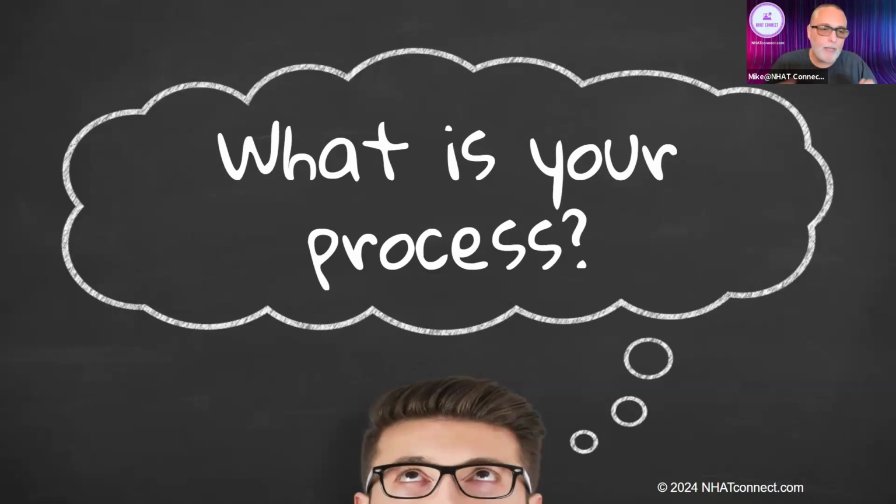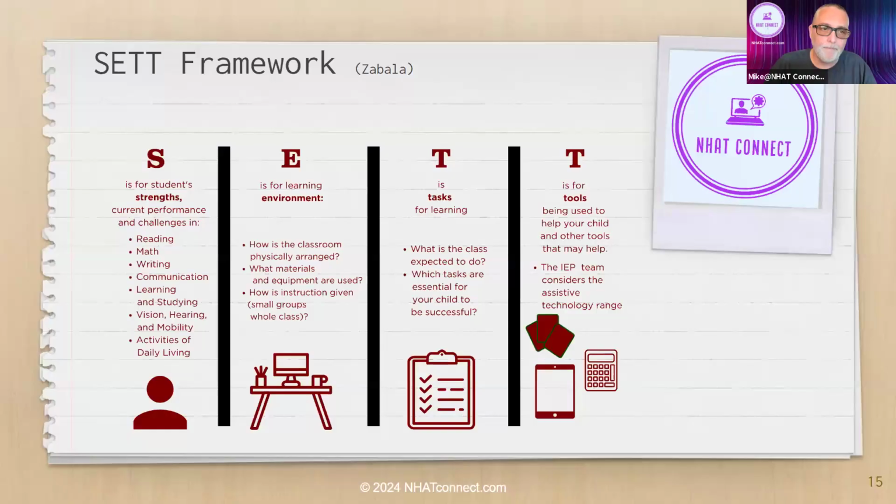You could pick up an IEP. I've picked up many in my life where the box is there, the box is checked, and yet I have no sense from the rest of that report of what the team did, what they thought about, how they came to the conclusions they came to, just none of it, because it started and ended with this checkbox. And that's not effective when we talk about effective consideration.